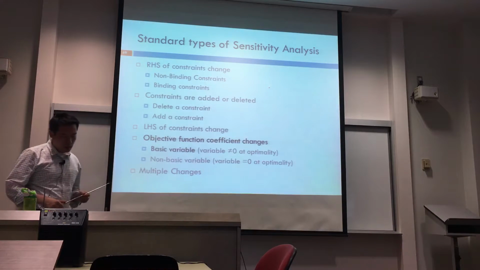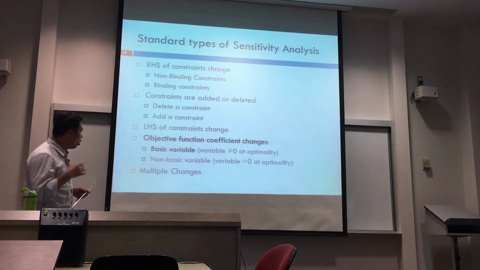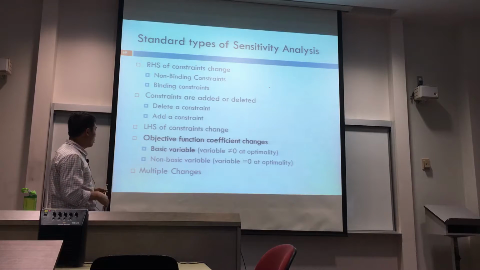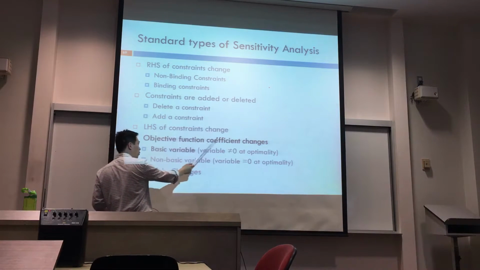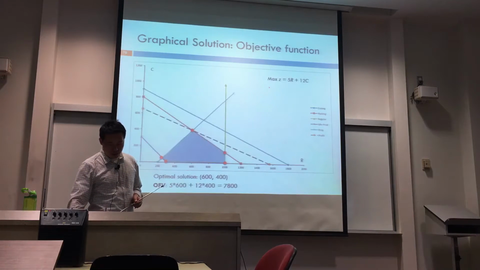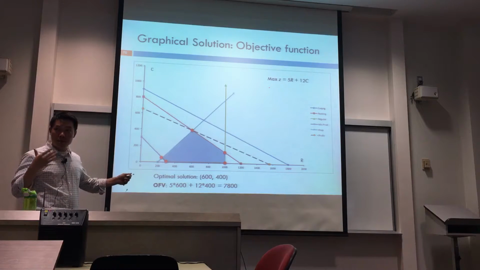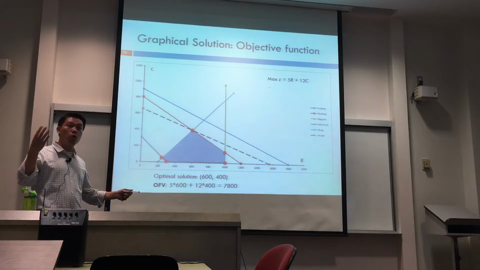Okay, so now we want to talk about the next big thing, which is what if you have changes in the objective function coefficients? So let's check. Again, this is the original problem.